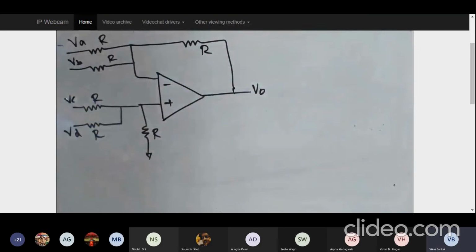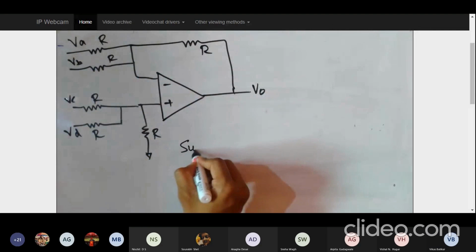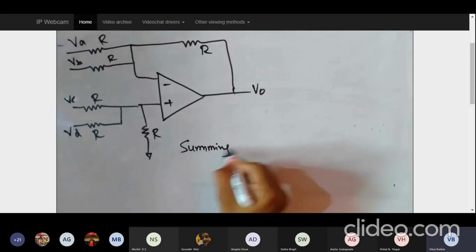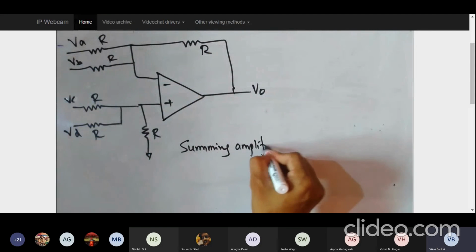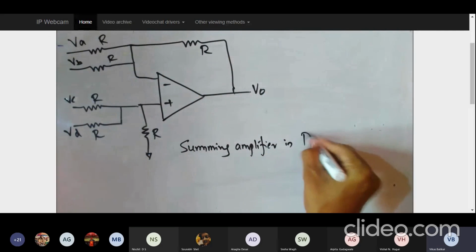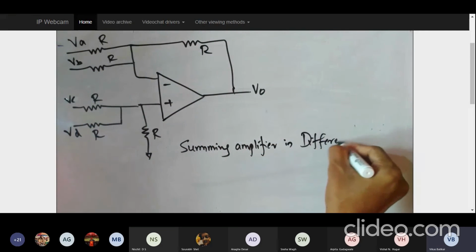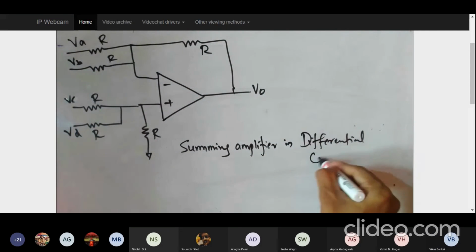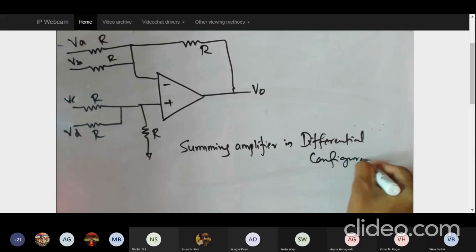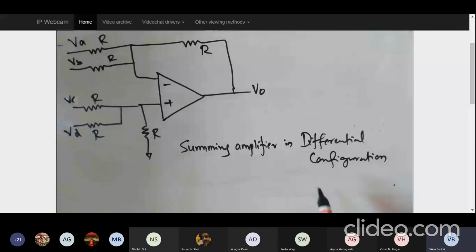But now I am supposed to find the summing amplifier in differential configuration. So this is basically the application of the differential amplifier and how it is going to act as a summing amplifier.